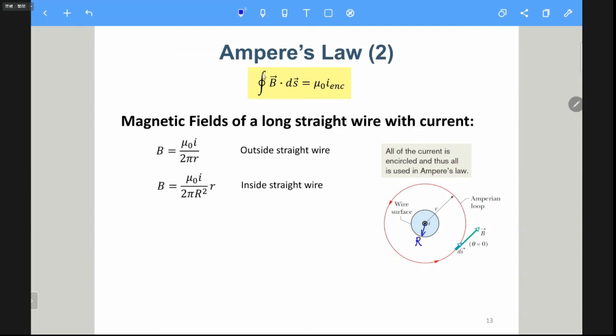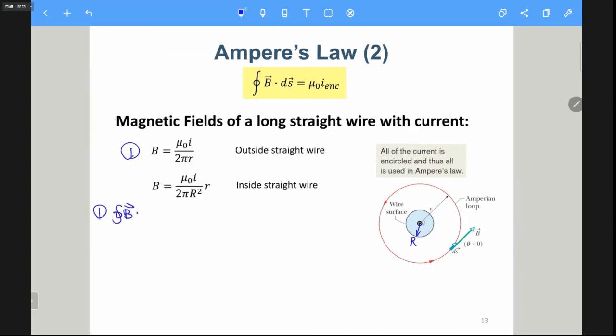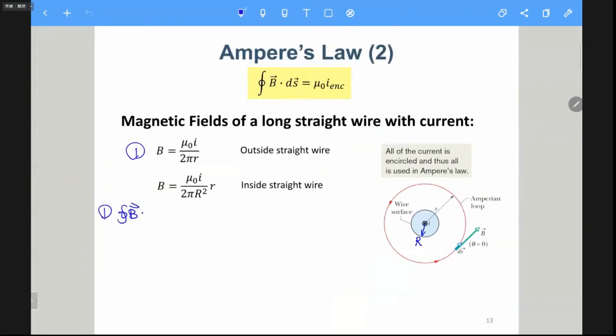So for part one, we can simply apply the Ampere's law, equals mu naught I enclosed. B is pointing in this direction because I is pointing out of the page, and then you use the right-hand rule.